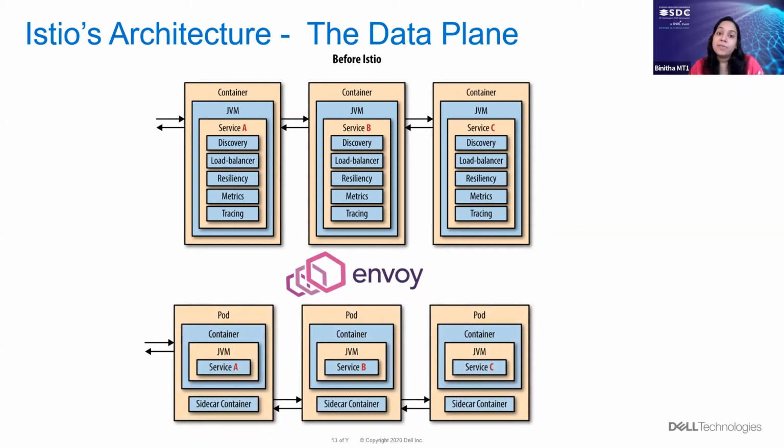Now, once service mesh, or in this case Envoy proxy, came into the picture, the developer can just concentrate on writing the application logic. He or she doesn't have to worry about writing logic for discovery, load balancing, tracing, etc. So that is the main advantage your sidecar Envoy proxy brings to the table.